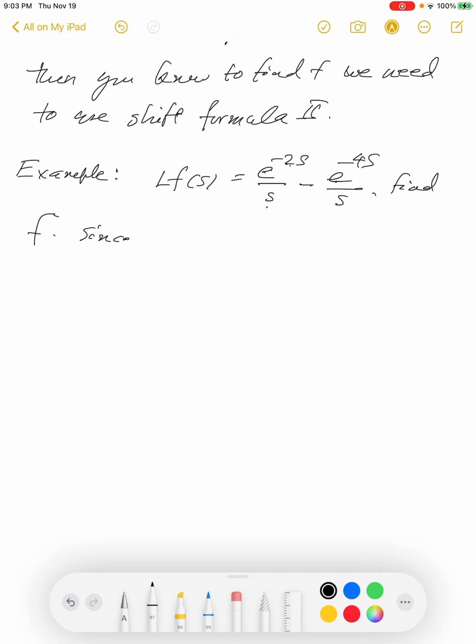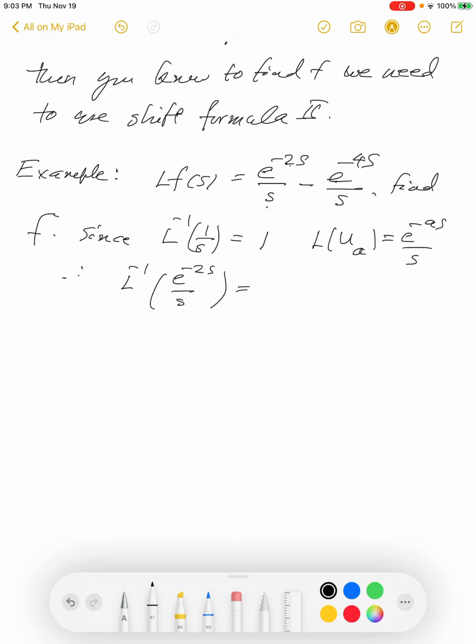Since L of 1 is 1 over s, here you don't have to do that, because you should remember the formula: L of ua is e to the minus as by s.